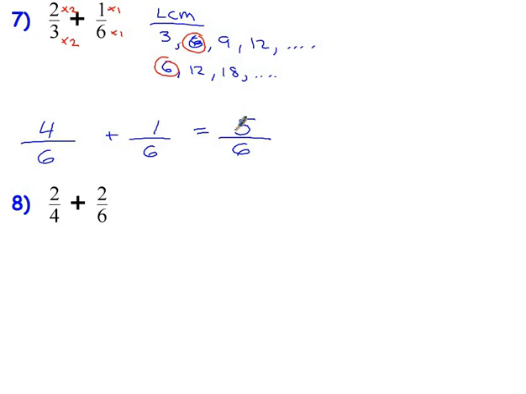The next example, we have 2 over 4, or 2 quarters, plus 2 over 6. Let's start by finding the lowest common multiple again.